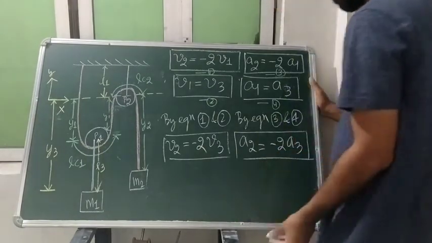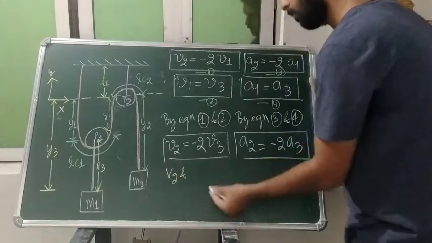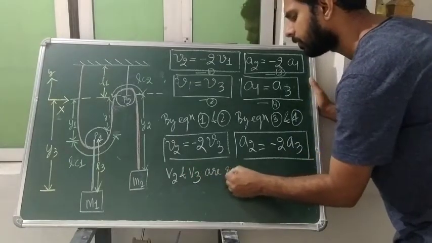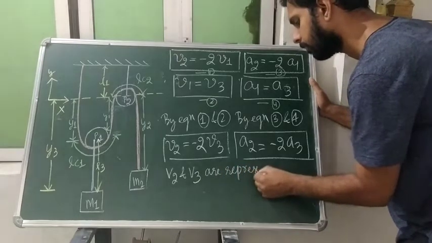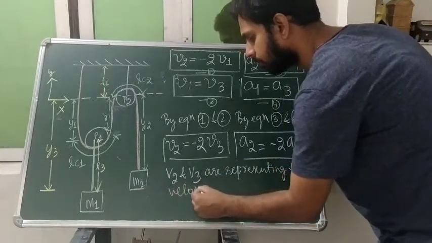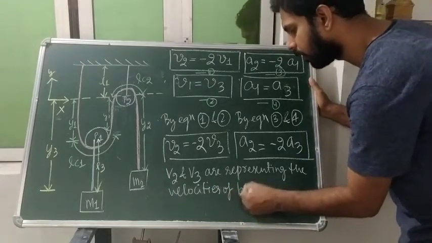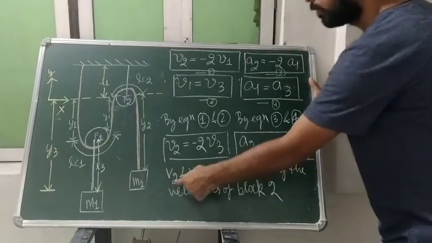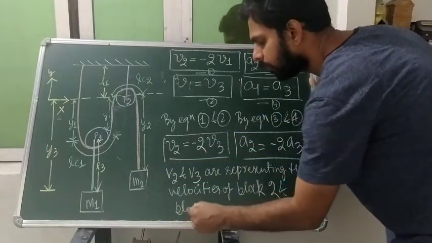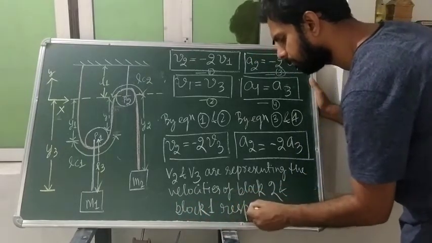And B2 and B3 are representing the velocities of block 2 and block 1 respectively.